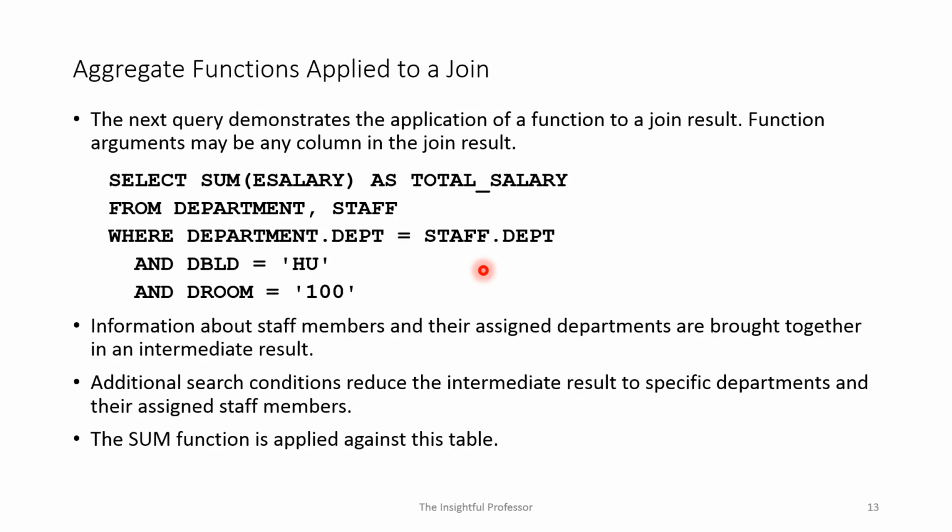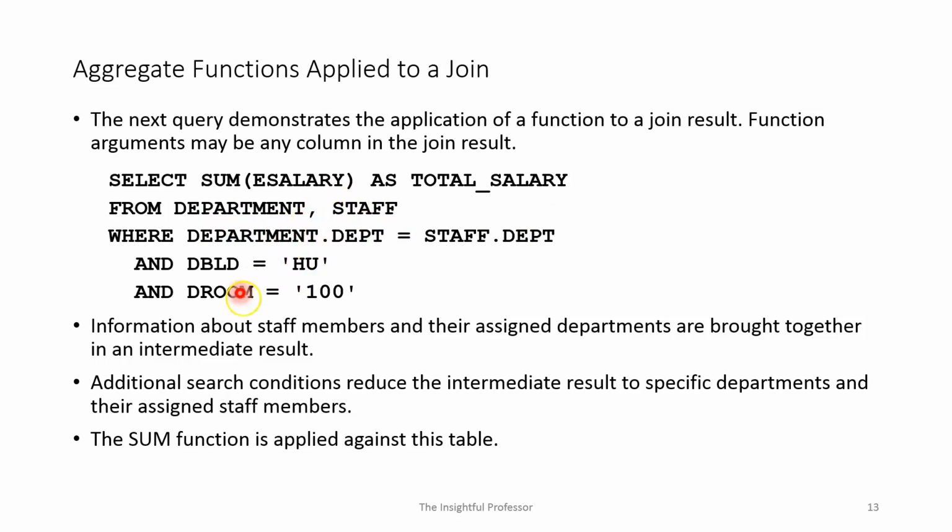Another thing we can do with a join, well, effectively anything you can do with a single table, you can do with a join. So again, think of the join as being from department, staff, where department DEPT is equal to staff DEPT. That produces the table we've been looking at with information about department and staff.